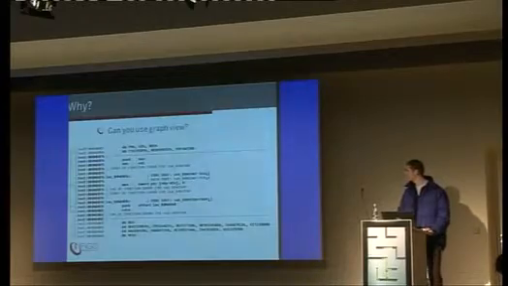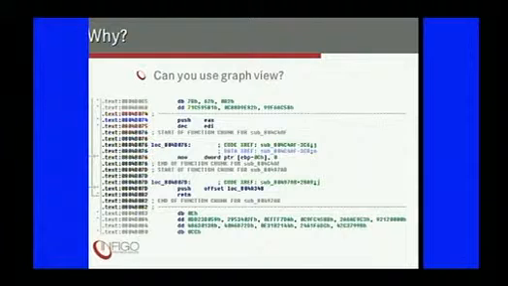This is an example of obfuscated code. This exact example is code splitting, or basic block splitting, where regular code is shredded into very small blocks and scattered all around the virtual address memory space. So in a traditional disassembly listing, it is very difficult to navigate this code.